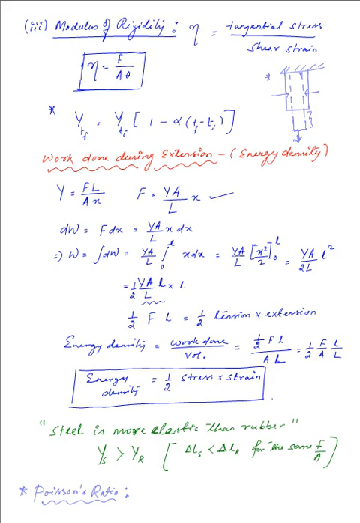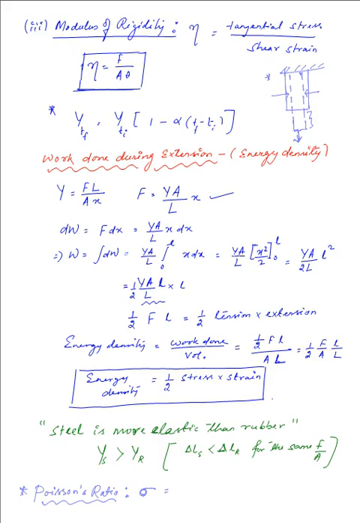So we define the lateral strain and the longitudinal strain in this case, and from that we take the ratio of the lateral strain to the longitudinal strain. So Poisson's ratio, usually it is represented by the symbol sigma. You may come across some different symbols, but usually it's sigma.